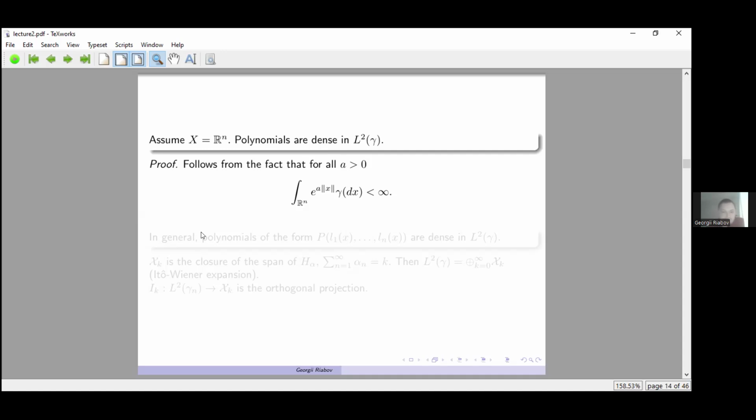And from this, and from the fact that every measurable function can be approximated by functions of a finite number of linear functionals, it follows that polynomials of this form, when we take n linear continuous functionals and substitute them into the polynomial p, such functions will be dense in L2.